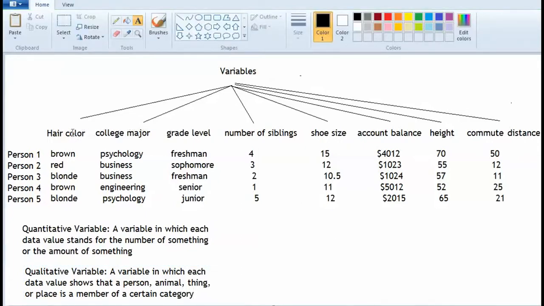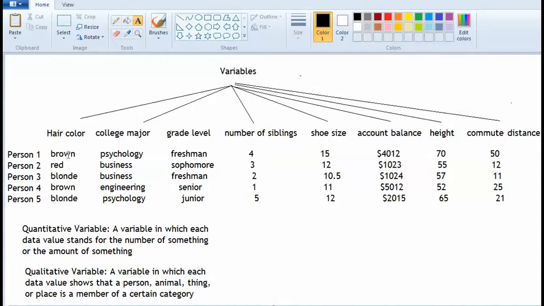Let's look at hair color, college major, and grade level. We can see that in these 3 columns of data, each data value doesn't stand for the number of something or the amount of something. In these 3 columns of data, each data value shows that a person is a member of a certain category.